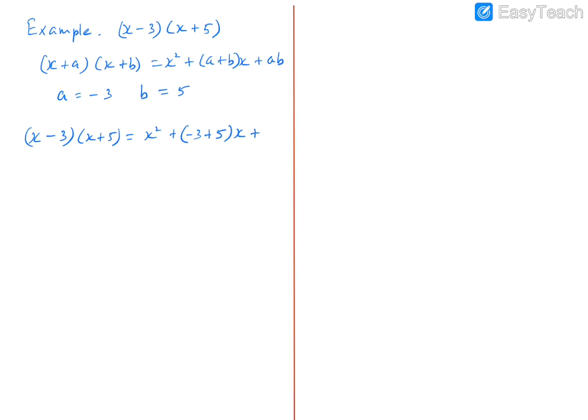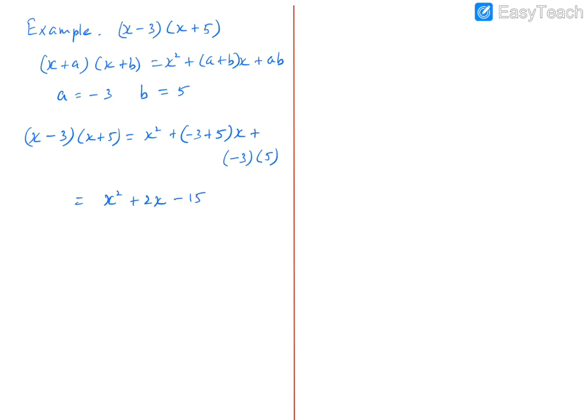A is minus 3 into plus 5. So we just need to simplify this now. So we will get x square, minus 3 plus 5 is plus 2, so it is plus 2 times x, and minus 3 into 5 is minus 15. So we'll get minus 15 here.